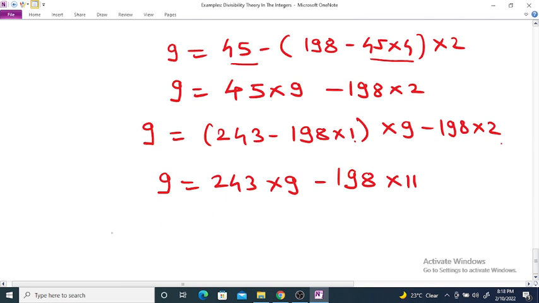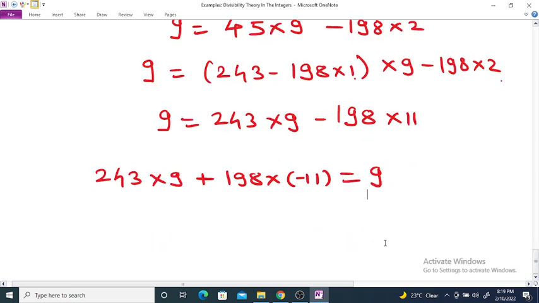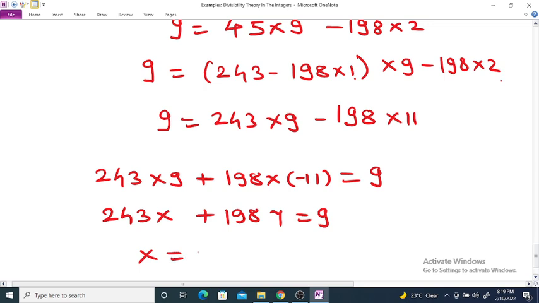We can write this equation as 243 into 9 plus 198 into minus 11. If you compare this with 243x plus 198y is equal to 9, we get the solution x is equal to 9 and y is equal to minus 11. This is the solution for the given equation.